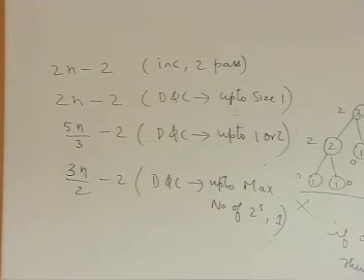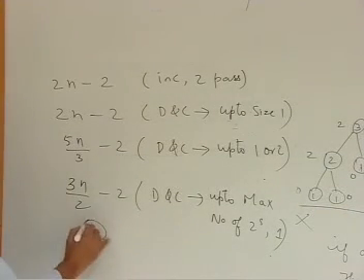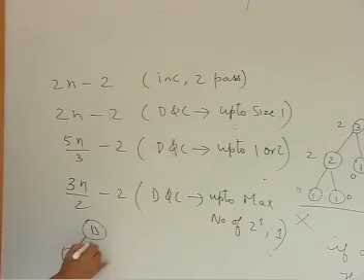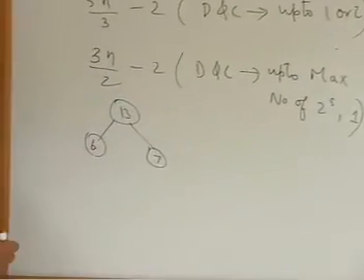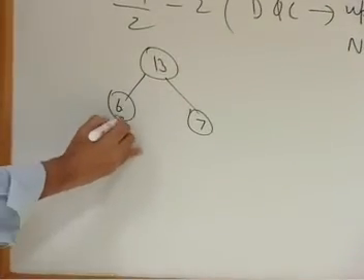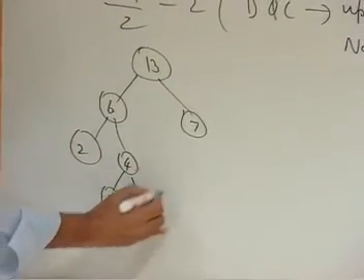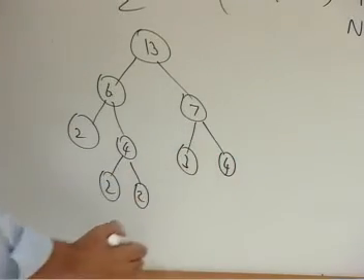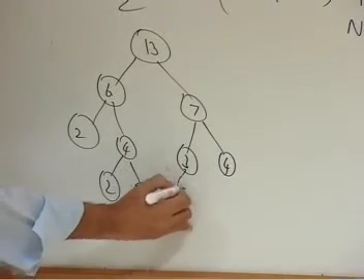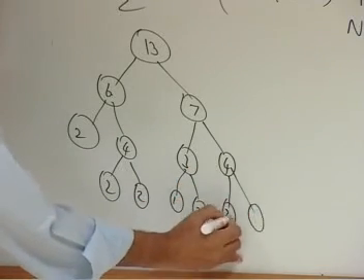For instance, if I am trying to split 13, 13 will be split like this. 13 will be split into 6 and 7. 6 will be split into 2 and 4. 4 will be split into 2 and 2. 7 will be split into 3 and 4. 3 will be split into 1 and 2. 4 will be split into 2 and 2.